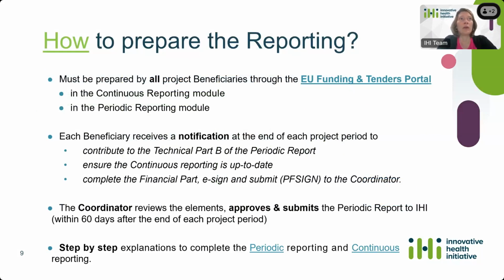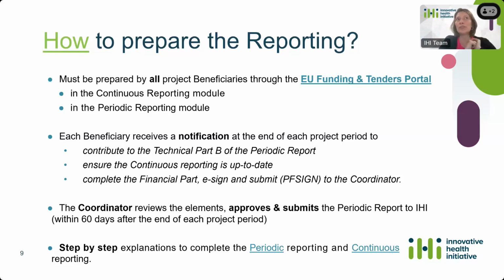And each beneficiary will receive a notification at the end of each project period to contribute to the technical part B of the periodic report, to also ensure that the continuous reporting is up to date, and to complete the financial part. Then that financial part will need to be e-signed and then submitted to the coordinator, who will then submit to IHI.